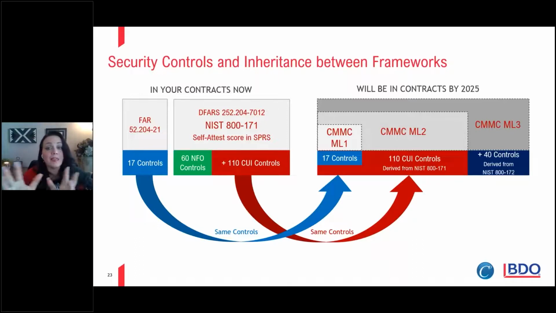But in the next few years, we're going to be shifting towards a certification model. And the DOD, as of last December, has put out guidelines for how they're rolling that out. And there's still going to be a layer of level 2 organizations who have the DFARS 7012 in their contracts. And under level 2, they'll still be able to self-attest for some time.